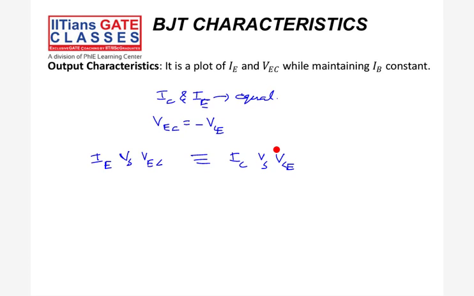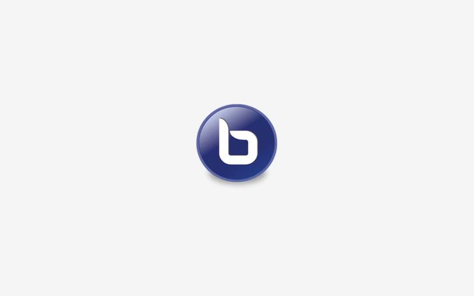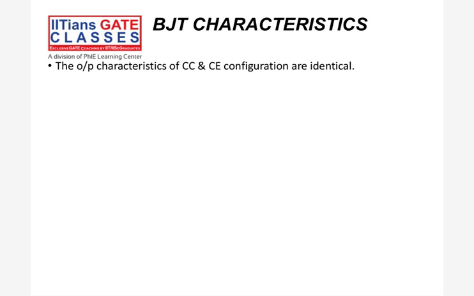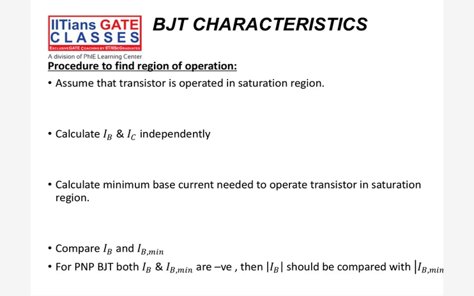The output characteristic of the common collector configuration is the same as that of the common emitter configuration, so I am not taking it in detail. You can just look at the output characteristic of common emitter and you will understand the same. That is done.